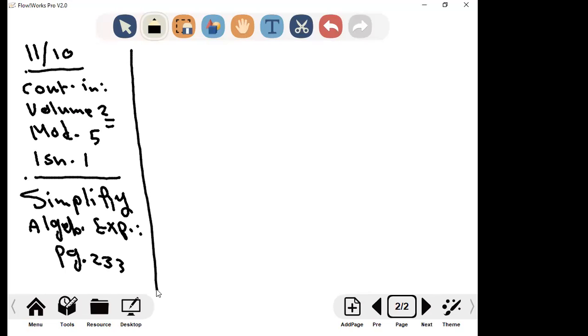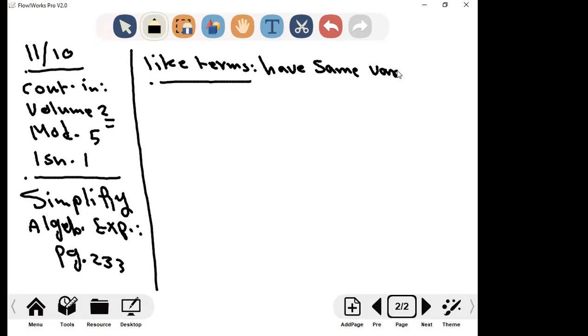Yesterday we talked about like terms. We said that like terms have the same variable or variables. There can be one variable in the term or more than one variable. And the same exponents, or powers.